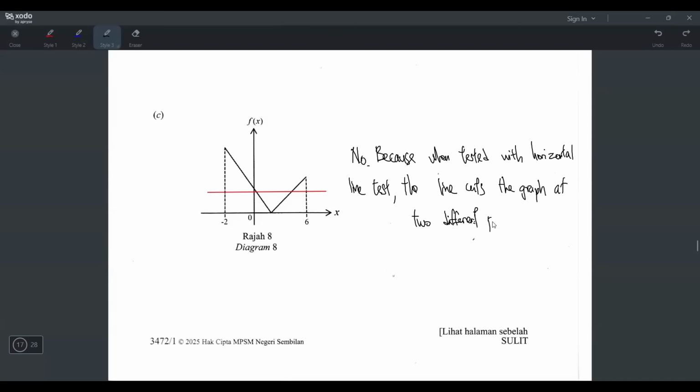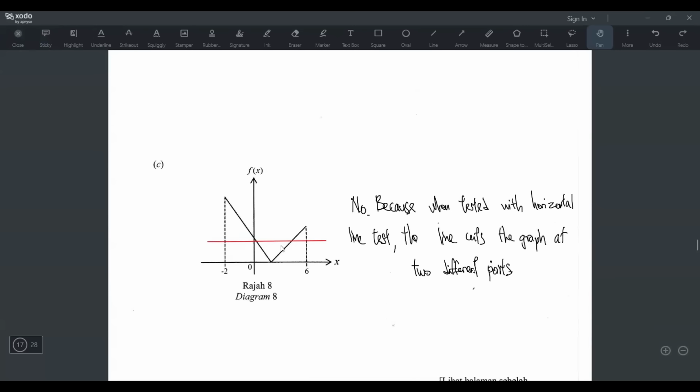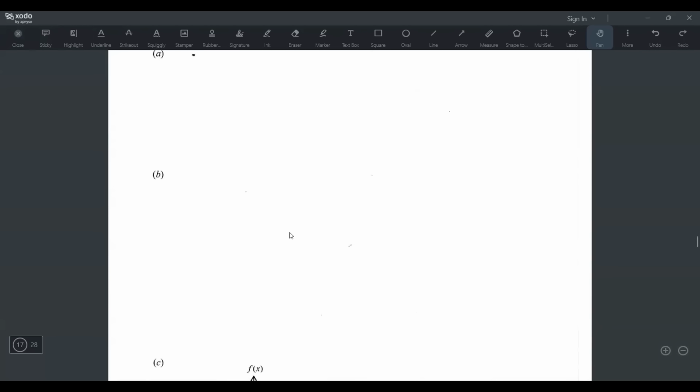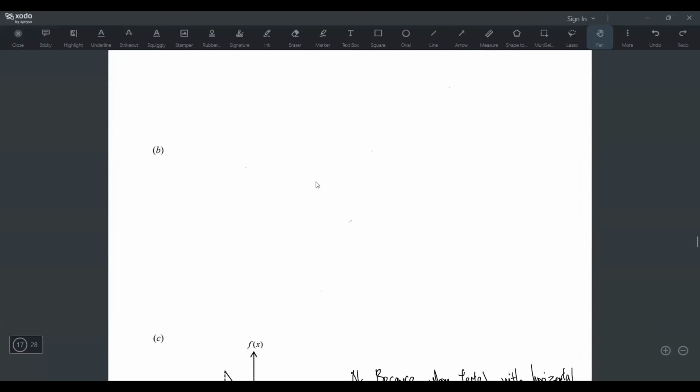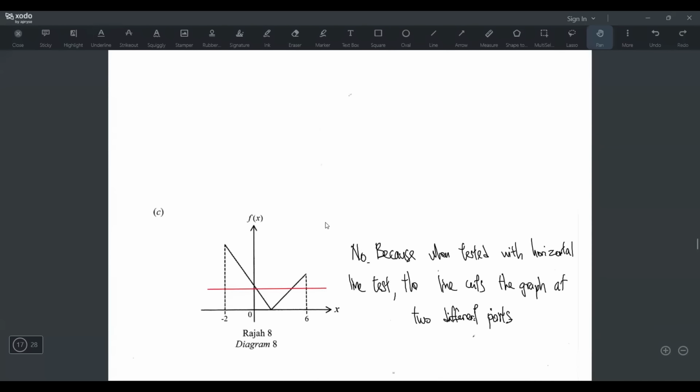So that's the reason why this function has no inverse. Because only a one-to-one relation has an inverse, and if it cuts at 2 points like that, that means it's not one-to-one. It's actually a many-to-one, this modulus graph. All right, so hope you get it.